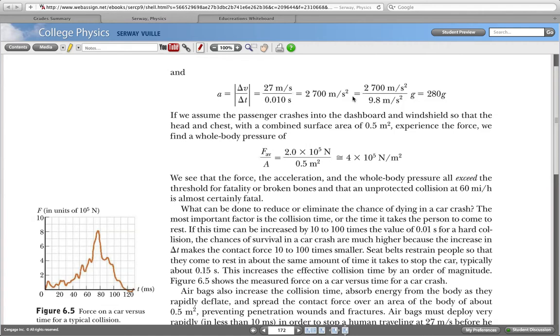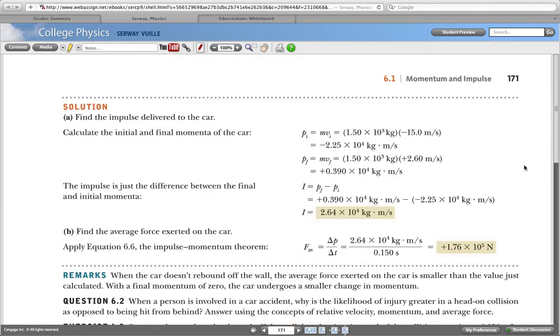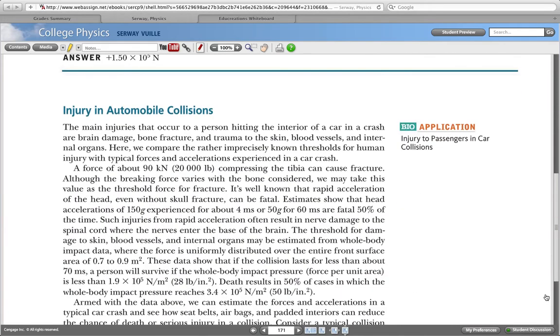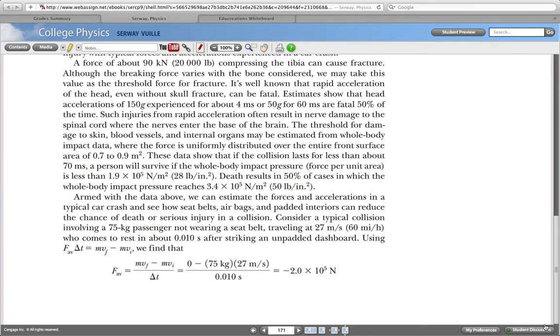That is deadly force. You'll break every bone in your face and your neck and your back, and your brain will be squashed in a thousand pieces. And that's not even going that fast. I mean, how fast are we talking about here? We're talking about 27 meters per second is all. You're going from 27 meters per second to 0, 60 miles an hour. In fact, it also stays lethal if you're only going 25 miles an hour.